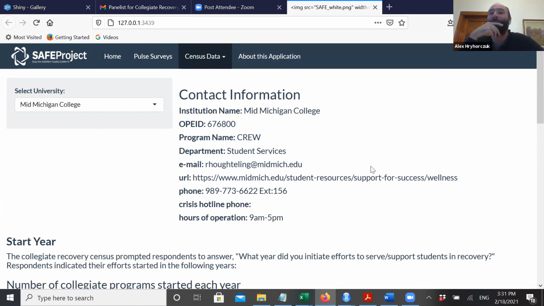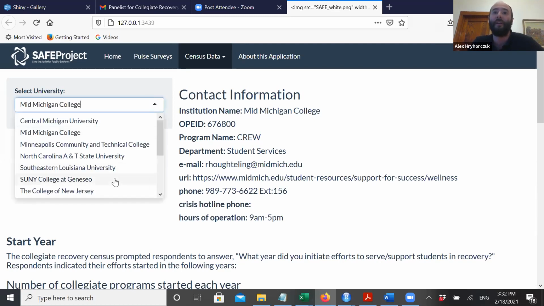But I think one benefit, even with just the contact information: if a student is thinking about transferring somewhere and needs to know who to get a hold of to ask about recovery support on their campus, they could go here.